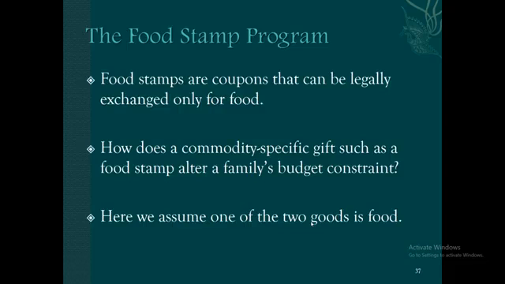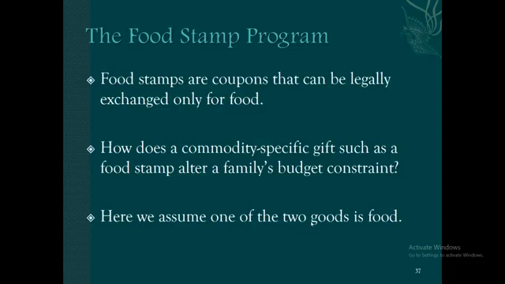The food stamp program: food stamps are coupons that can be legally exchanged only for food. At the same time, with the ration system, you can go with your ration card. If it is a pink card, you will get some amount of ration; if you have a yellow card, then you get some other entitlement; a blue card, a white card. All these different cards have different entitlements. This is exactly the food stamp kind of thing.